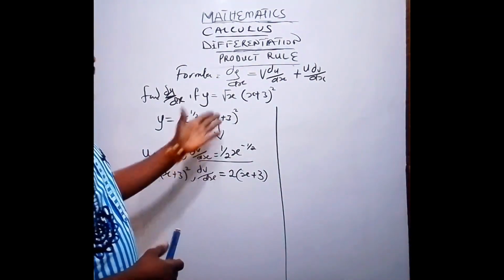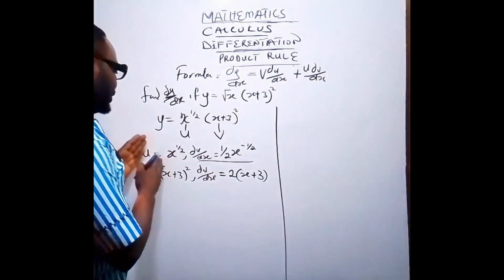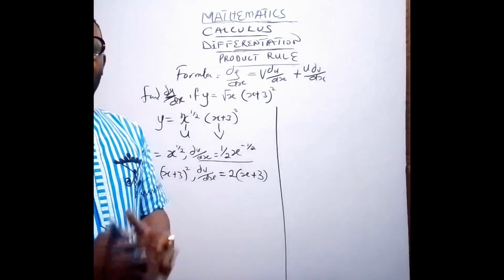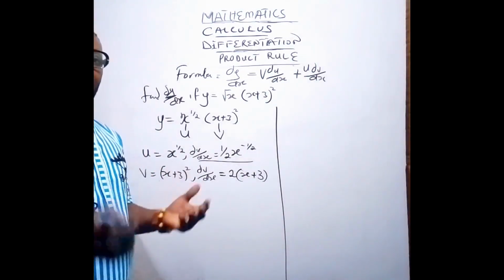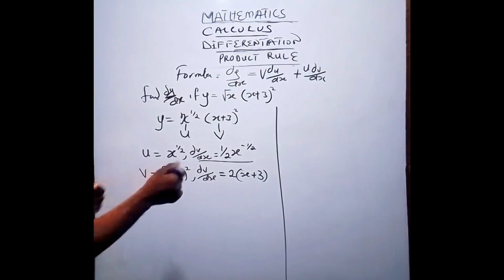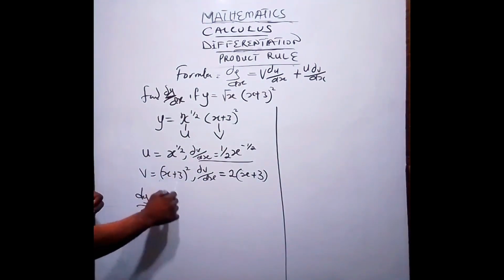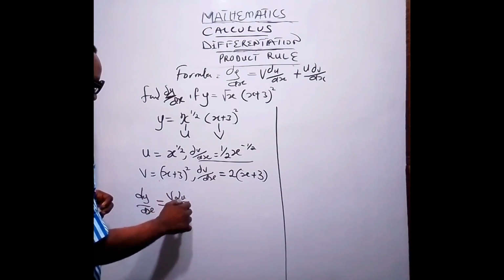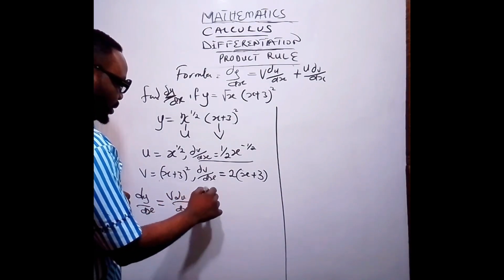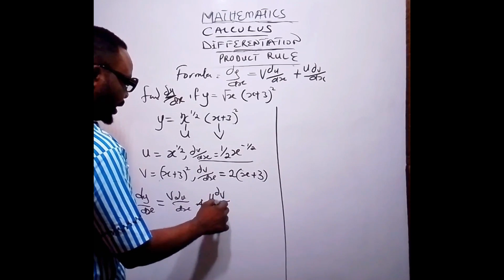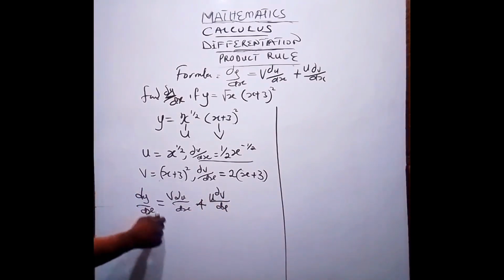After we have been able to get the values of du/dx and dv/dx, let's now apply our product rule. The product rule says that dy/dx will be equal to v du/dx plus u dv/dx. What is the value of our dy/dx now?